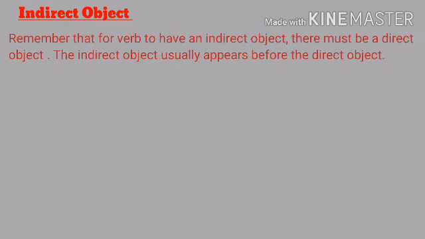object. Children, you must remember that for a verb to have an indirect object, there must also be a direct object. The indirect object usually appears before the direct object.